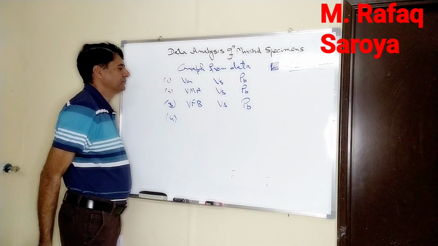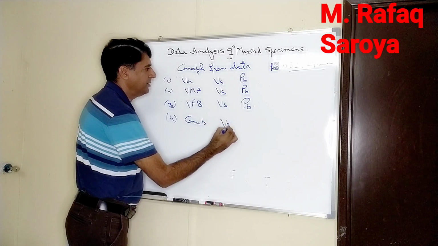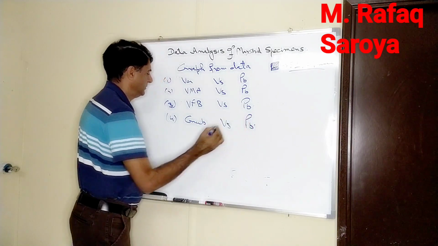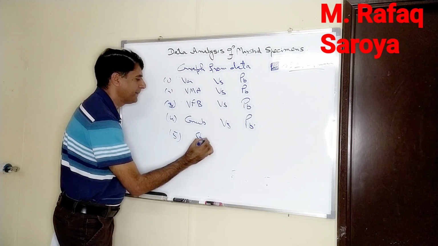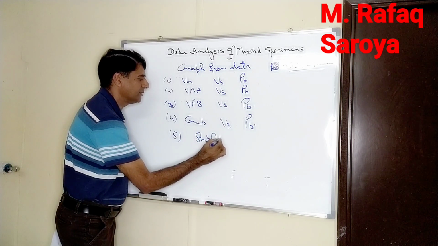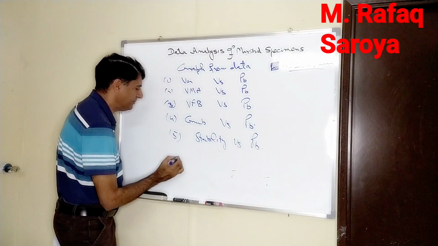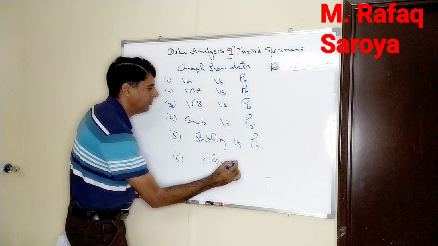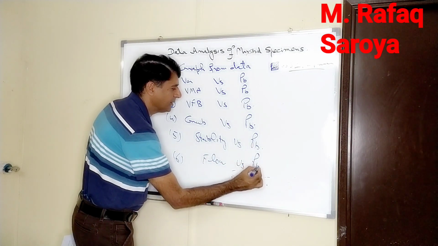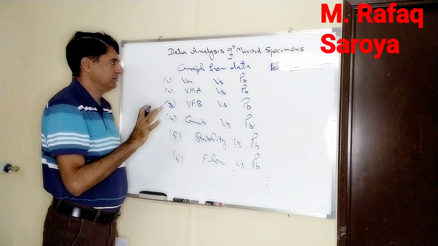Fourth one, GMB versus PV. Fifth one, stability versus PV. And the last, flow versus PV. So this will be my arrangement.